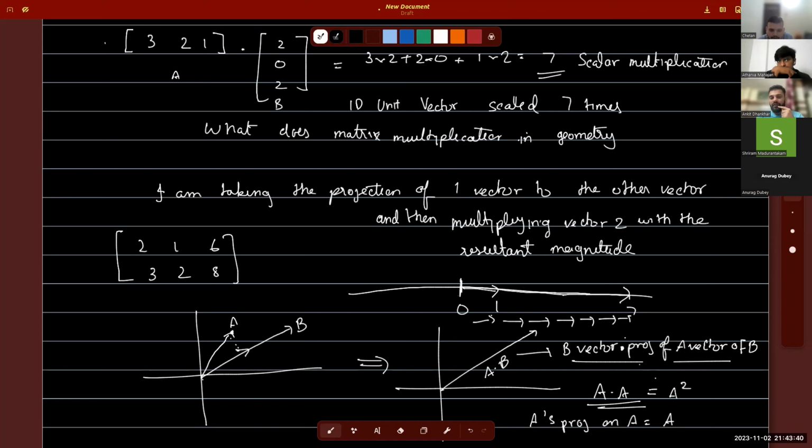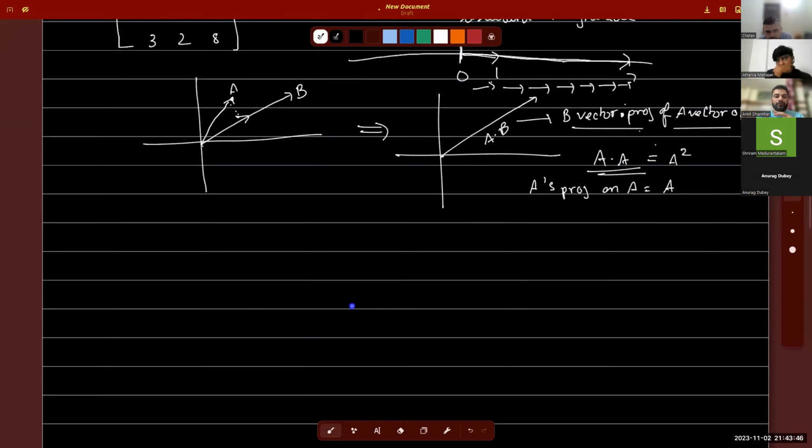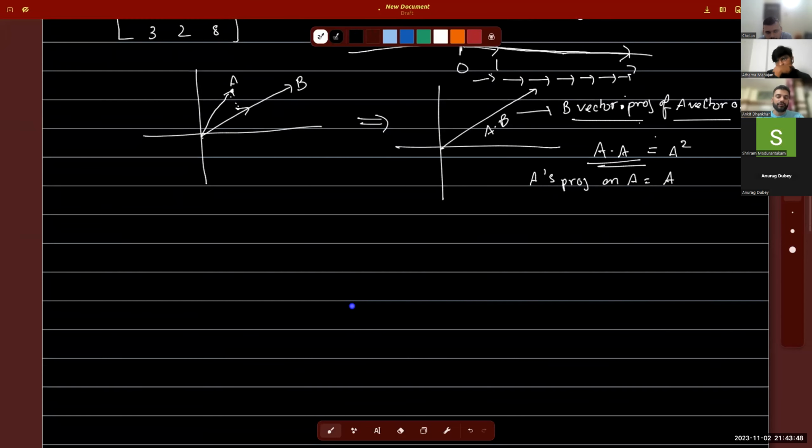Now, A dot B is simply magnitude of A times magnitude of B times cos theta. And cos theta essentially represents the projection of one vector onto another, right? Because it forms a triangle here and this theta.